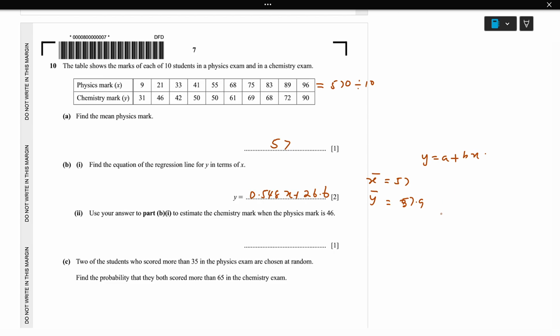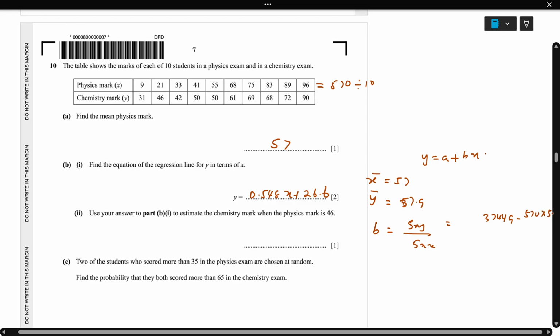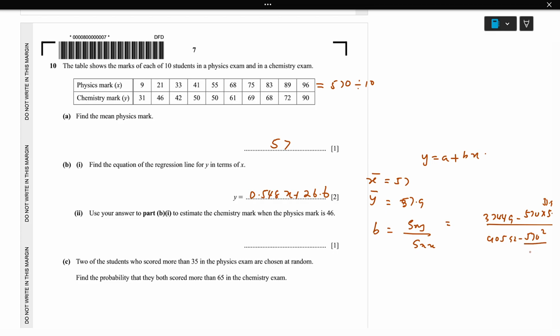Then we find b, the formula is Sxy over Sxx, which is 37449 minus 570 times 57.9 over 40592 minus 570 squared over 10. Okay, so you will get the answer.